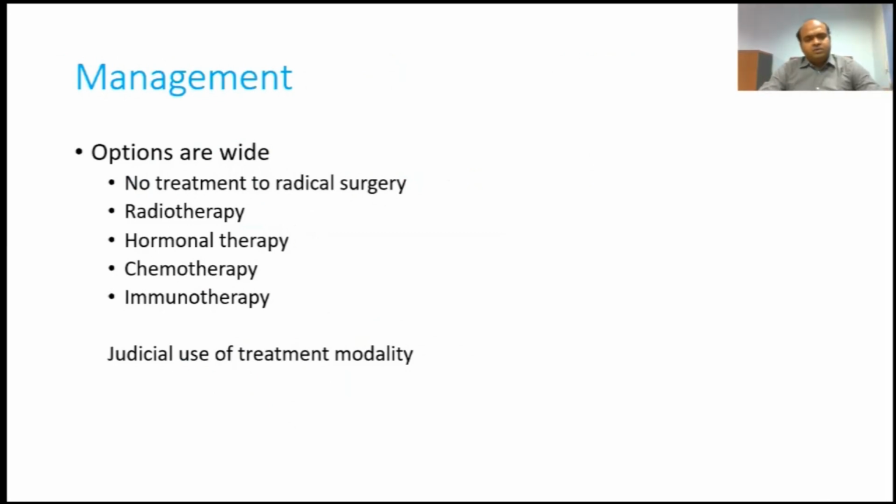So I'll now describe the management of prostate cancer briefly. The management of prostate cancer varies widely, and includes everything from no treatment to radical treatment like radical surgery, radiotherapy, hormonal therapy, chemotherapy and immunotherapy.